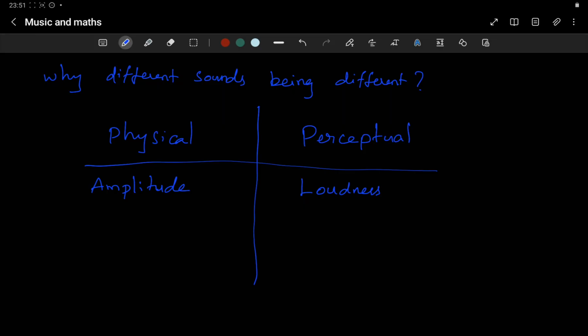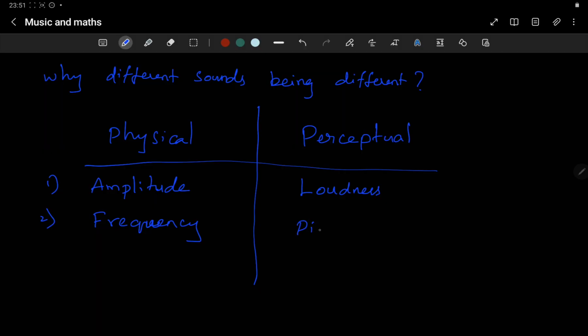So one is amplitude and the second one is frequency. Different frequencies make sound differently. And what is the name we give with respect to the perception?